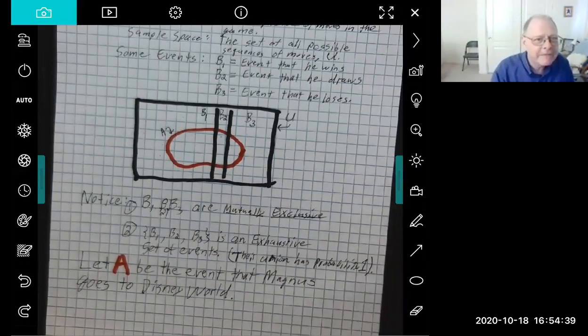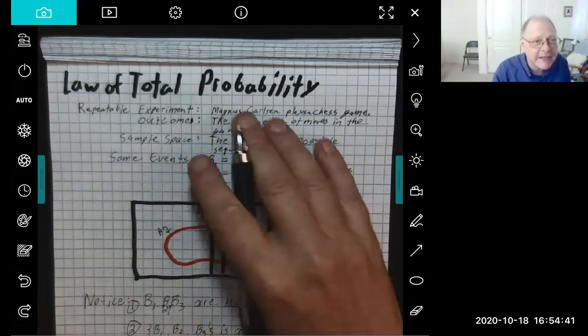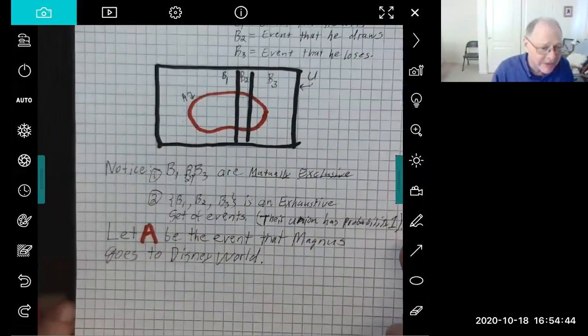Now, although this law of total probability has a fancy name, the statement is really simple.